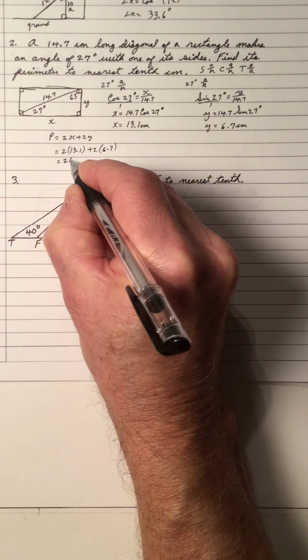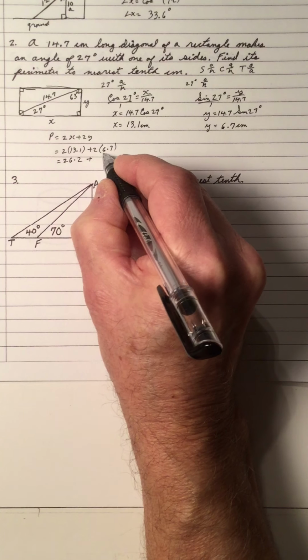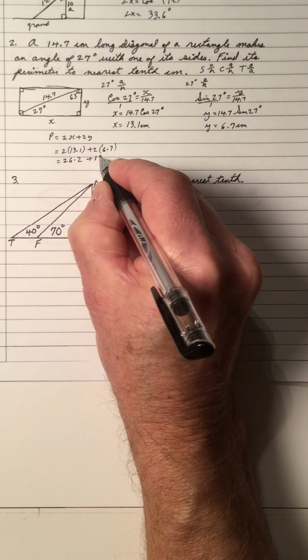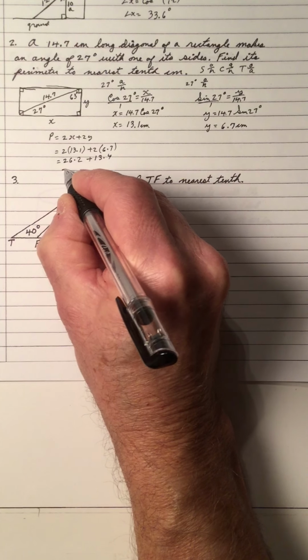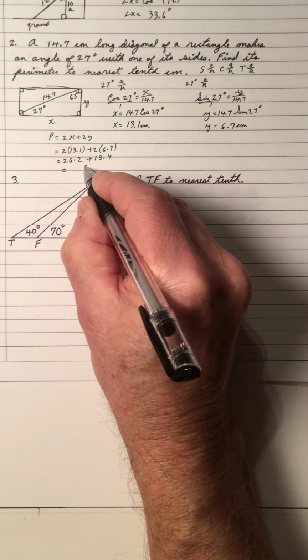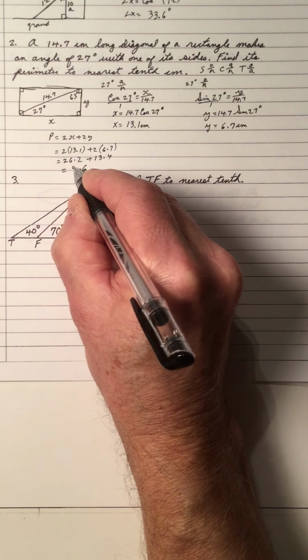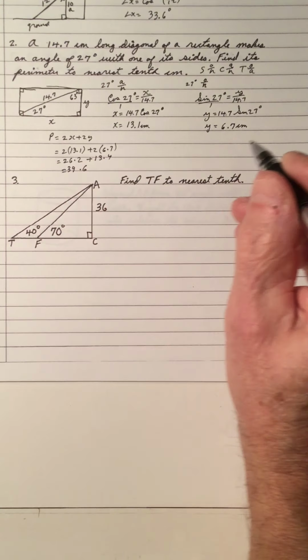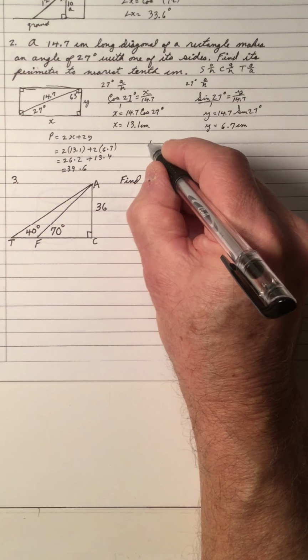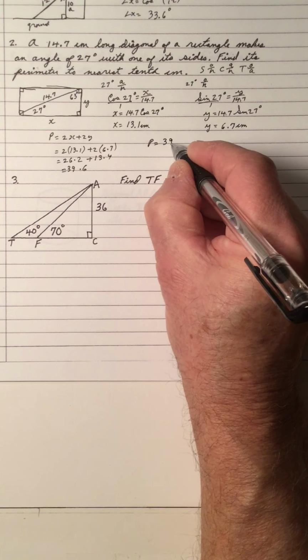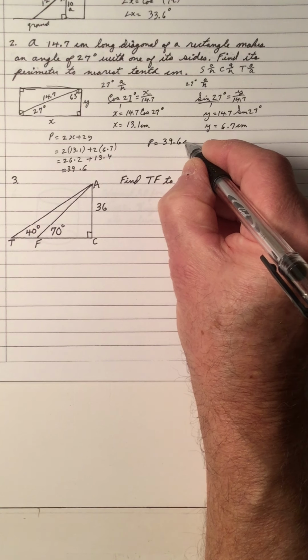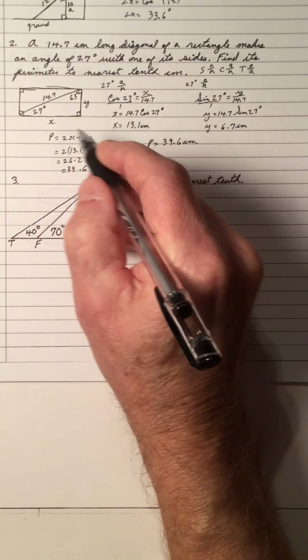That's 26.2, and that's 13.4. And when I add that up, I get 39.6. So the perimeter is 39.6 centimeters around the rectangle.